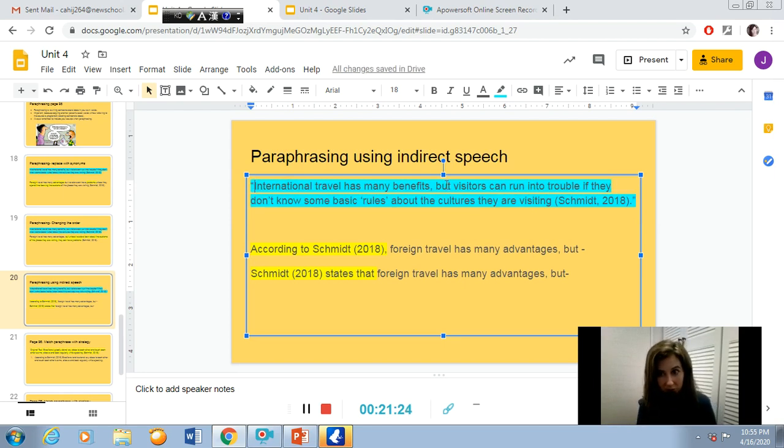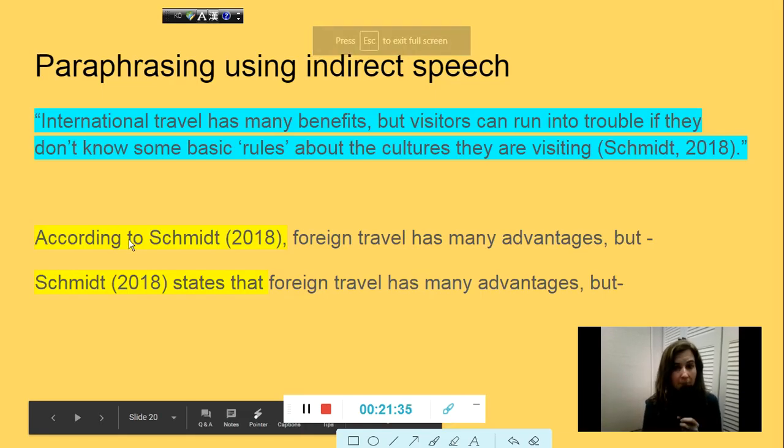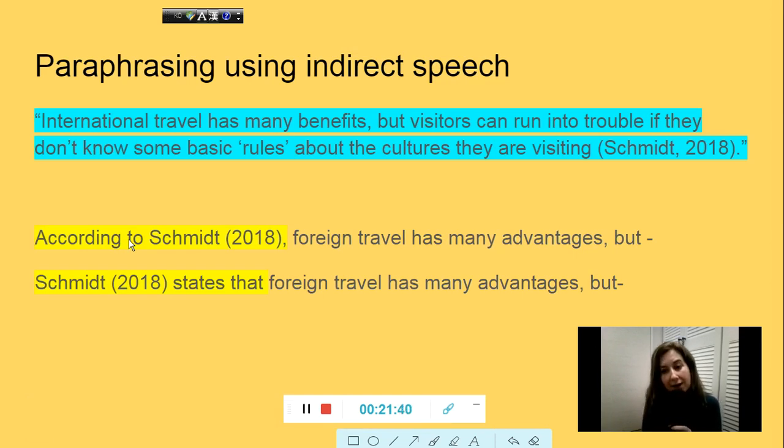Okay, so if I'm going to just take the direct quotation, I am going to put it in quotation marks. But if I paraphrase it, I do not have to put it in quotation marks.